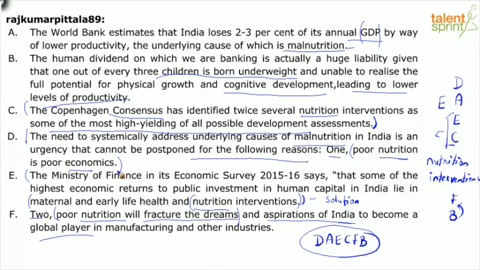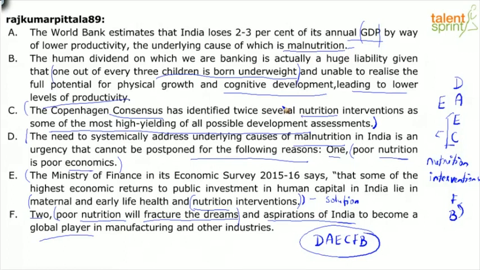So I have the first reason, I have a phrase where connecting sentences are adding to it, then I have a second reason, and you know for a fact that B has to follow F because it is telling me how poor nutrition fractures the dreams. What is the outcome or result of poor nutrition? This is what happens, right?